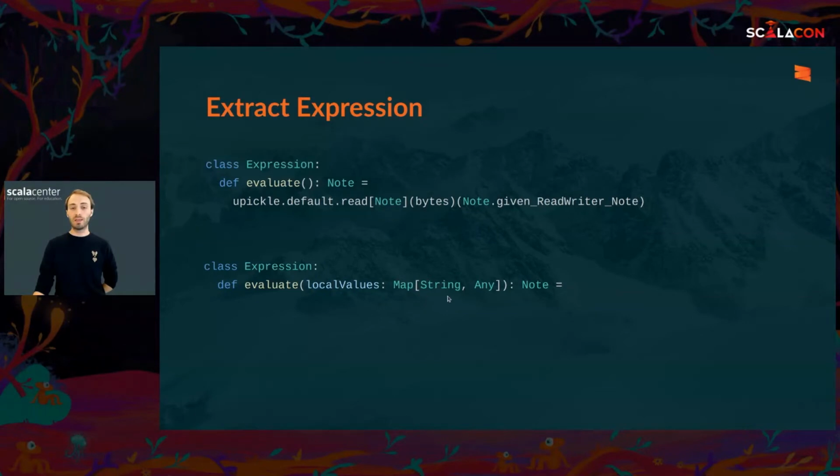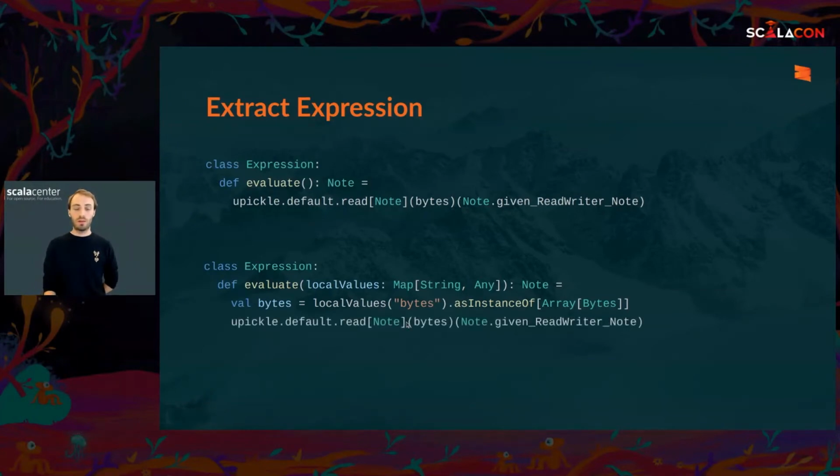The string here is the name of the local value, and that's the value. And we can now resolve bytes like this. So the extract expression phase will generate all of this, and then we'll be able to load the class expression, evaluate its value, and return it to the debugger.